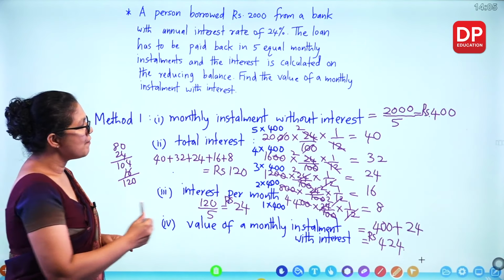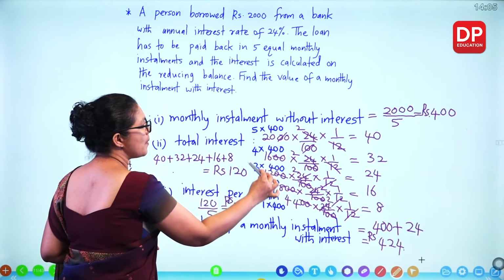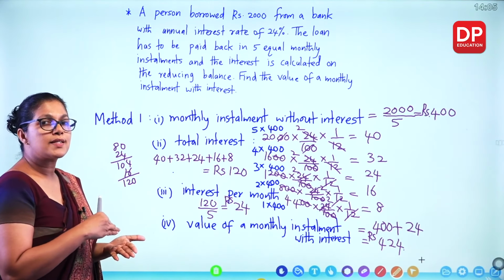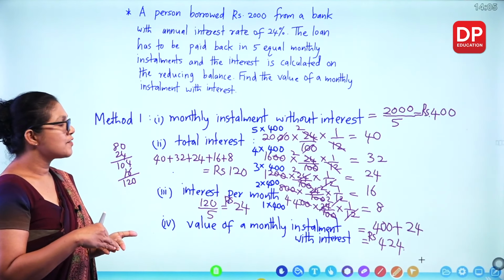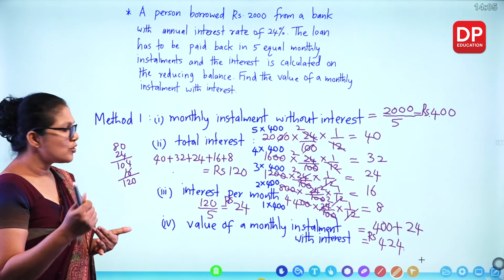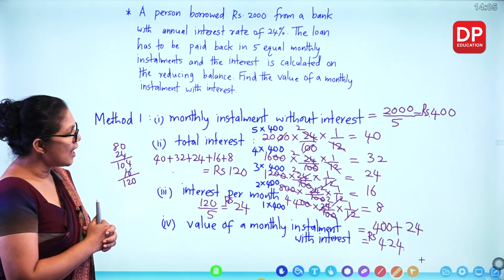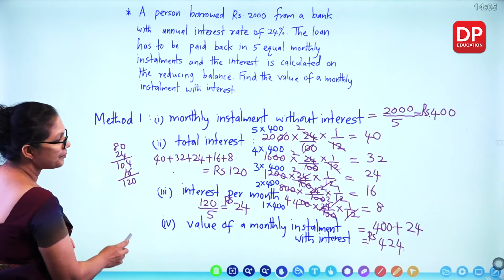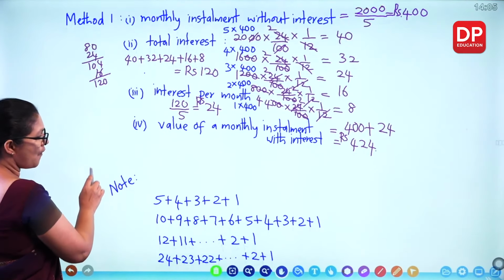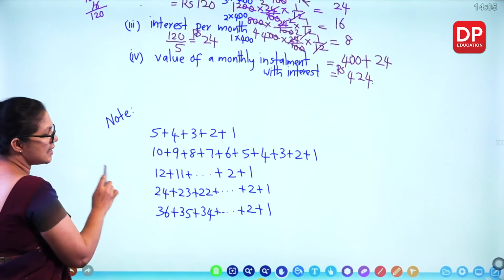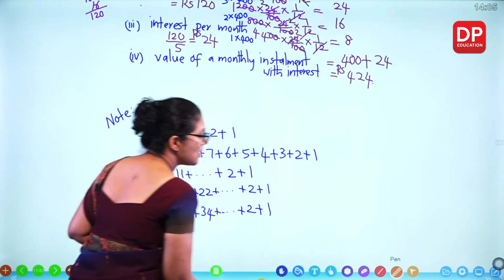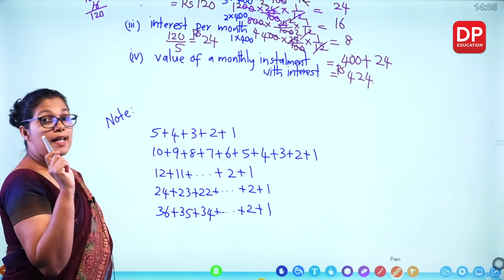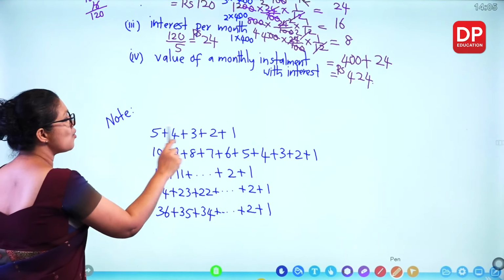So how can we find out this value? 5 plus 4 plus 3 plus 2 plus 1. If there are 6 months, it becomes 6 plus 5 plus 4 plus 3 plus 2 plus 1. So we'll see how we can find that value. One mathematician, named Gauss, found a way of adding values like this. So this is the Gauss method.